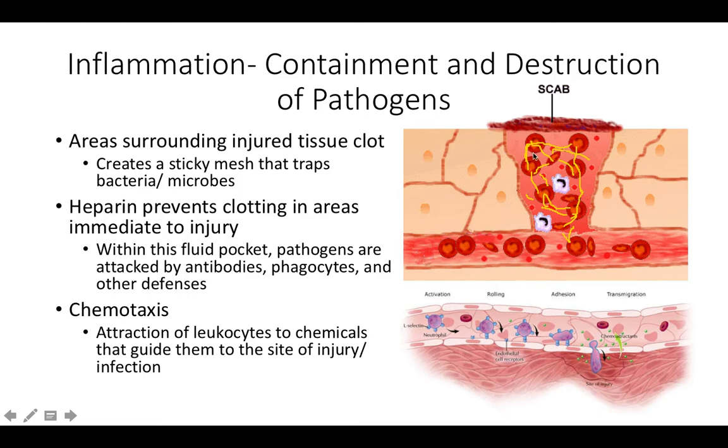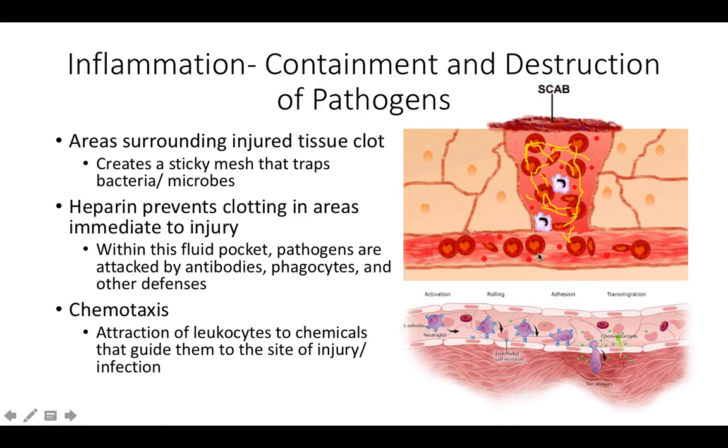But in here, the tissues or the cells are going to secrete heparin. And so we already know heparin is an anticoagulant, and it's going to keep this area from clotting. Okay, so we basically get this fluid pocket here that traps pathogens, and within that space is where we have antibodies and phagocytes and other defense cells that are going to neutralize those pathogens.